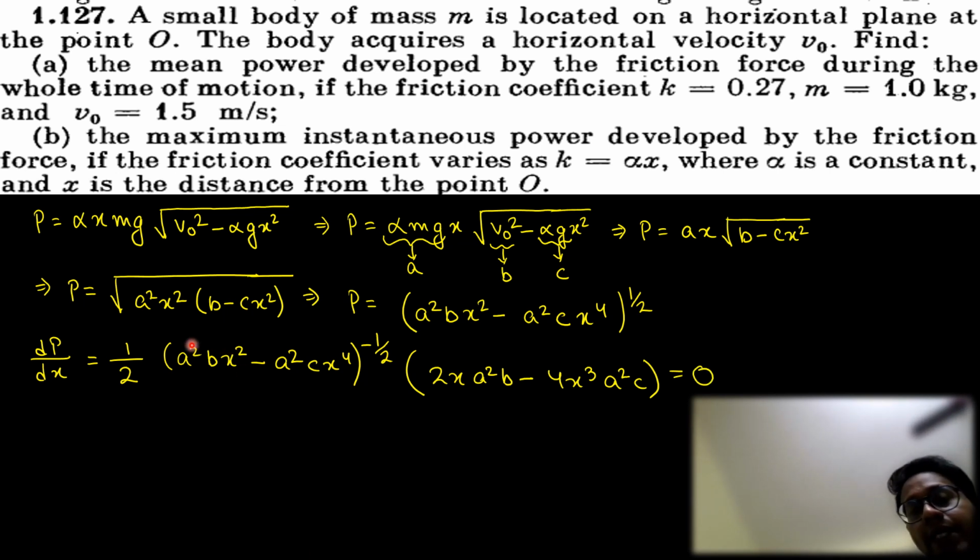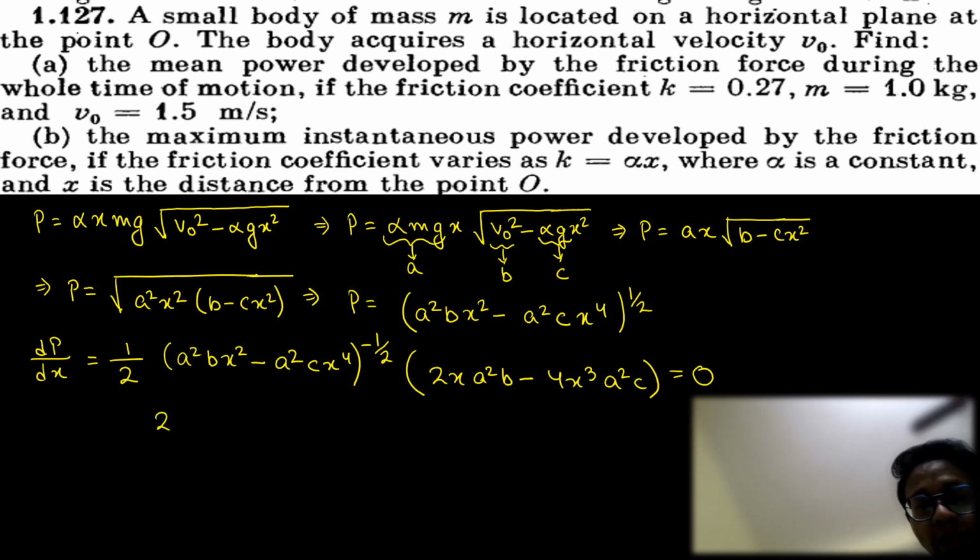Now if you make the first term 0, the entire term will be infinite. Why? Because minus 1 by 2 will go down, and anything divided by 0 is infinity. So the only option left is for this term to be 0.